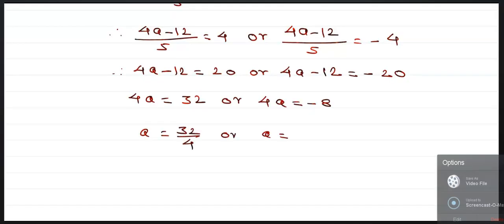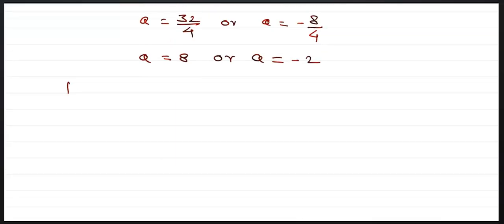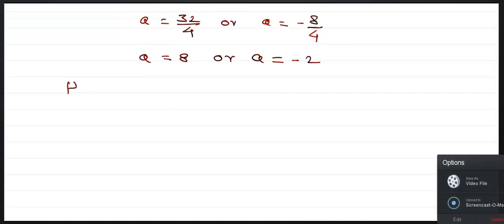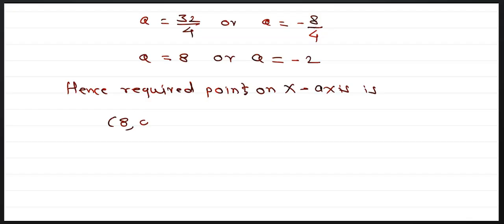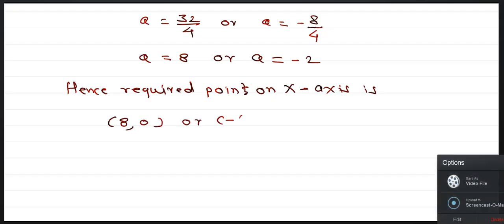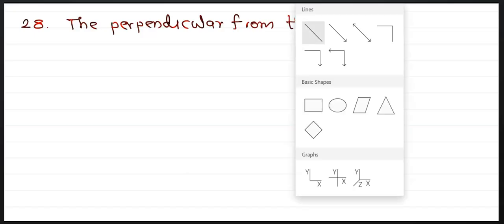Therefore a is equal to, then the required point on the x-axis is (8, 0) and (minus 2, 0). Now the next is question number 28.